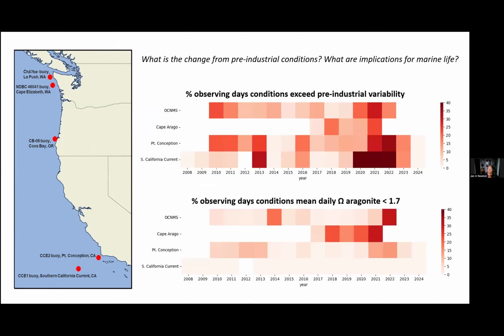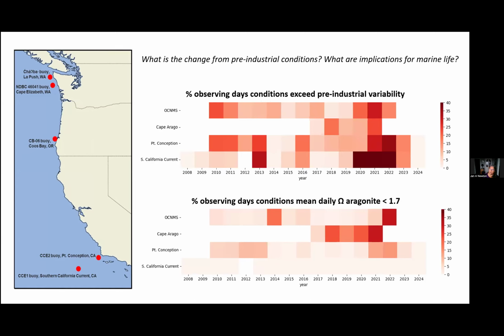And it's color coded: the darker the color, the higher the percentage of observing days exceeding pre-industrial variability. So you can think bad. And it's interesting because in the Southern California current, you see some really dark numbers, meaning higher percentages. There's somewhat of a gradient north to south, but it's interesting to see those higher values in the Southern California current.